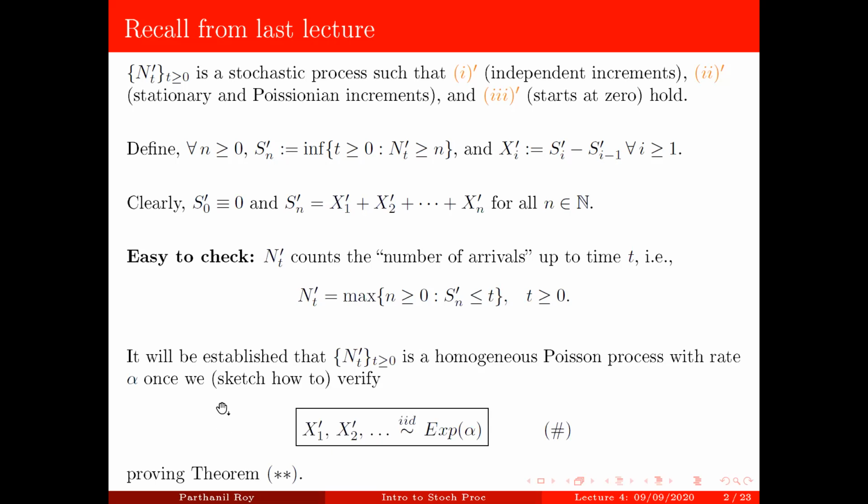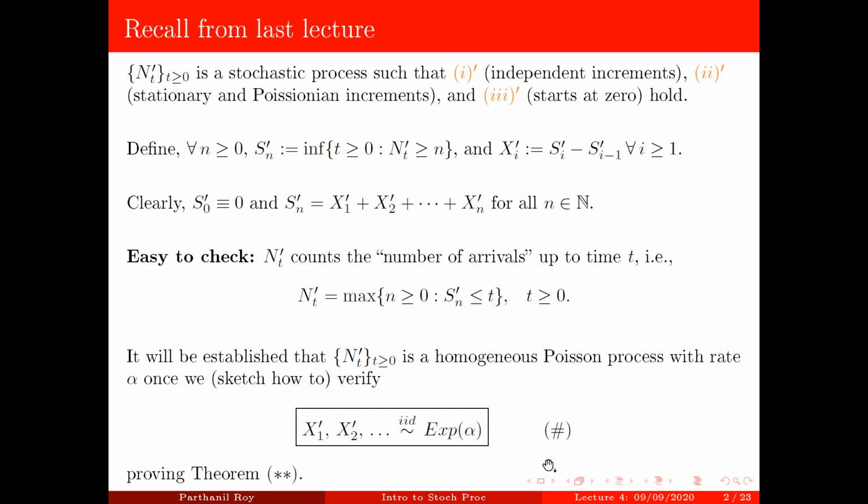Therefore, it will be established that N dash t is a homogeneous Poisson process with rate alpha the moment we verify that the sequence X dash 1, X dash 2, etc., is a sequence of IID random variables following exponential distribution with parameter alpha.